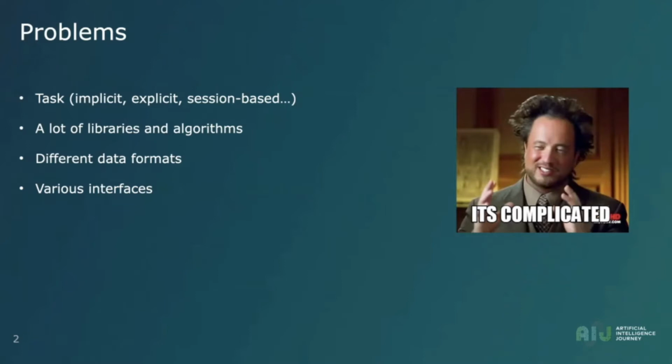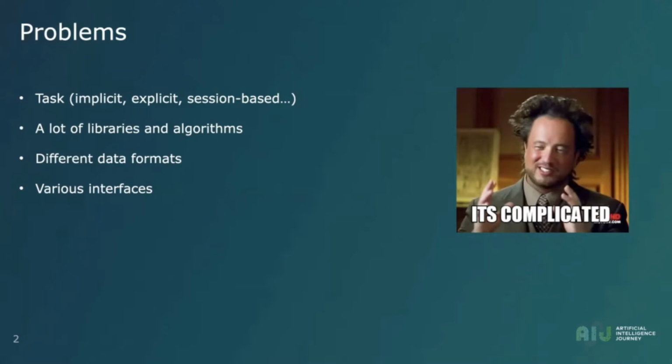Next, after selecting the problem, the data scientist needs to pick an algorithm to use. Therefore, of course, the scientist needs to look at a ton of libraries and select the best one.